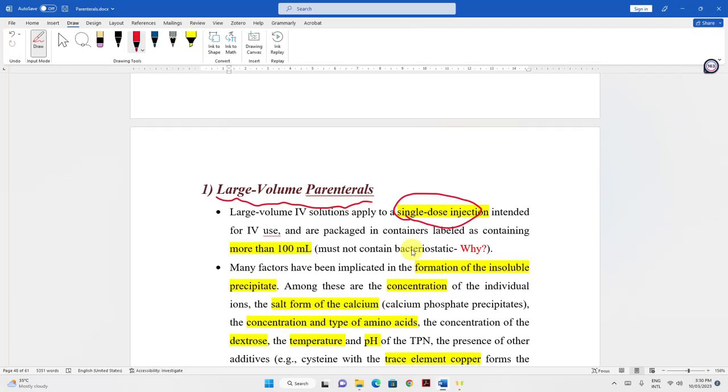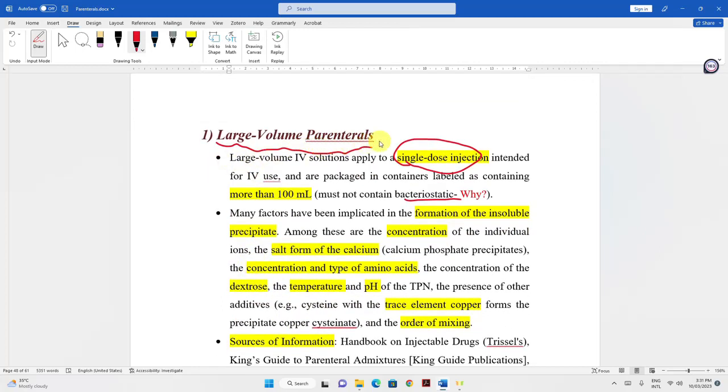Containers having more than 100 ml of course will not contain a bacteriostatic or a preservative material, because we don't want to accidentally infuse a large quantity of preservative that can cause toxicity or cancer, or other problems.